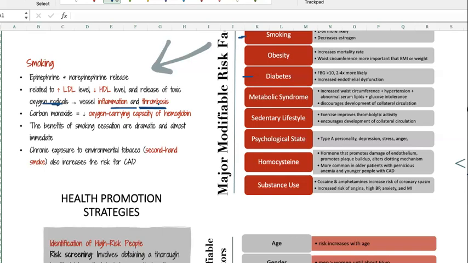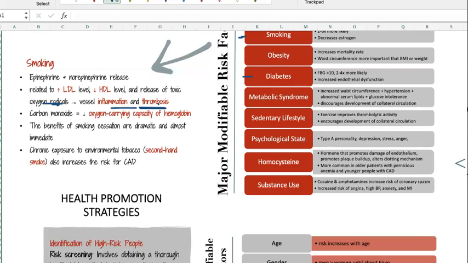And then, just something to remember is that secondhand smoke also causes all of these risks. So if that comes up on a test, you won't want to miss that. And then it is important to know about smoking cessation. If people stop smoking, you will see a change in their overall health very, very quickly, a change in their cardiac health very, very quickly.